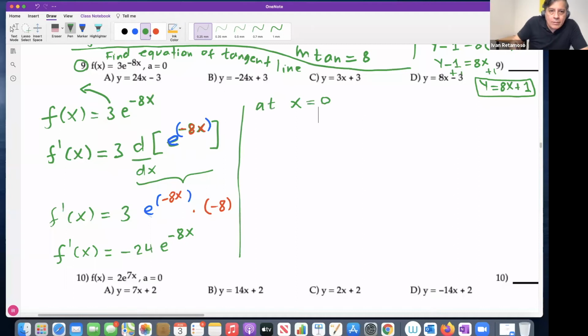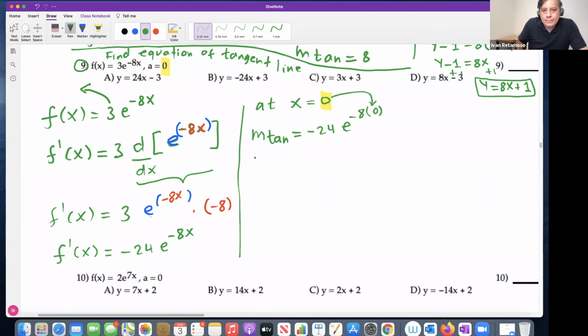Why at x equals 0, Professor? Because this is my input value. That derivative will give me the slope of the tangent line. So that's going to be minus 24 e raised to minus 8 times 0; this 0 must be substituted instead of x.